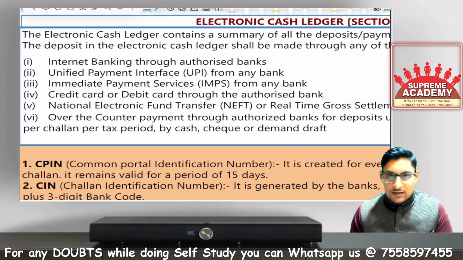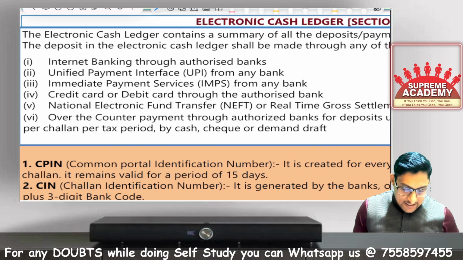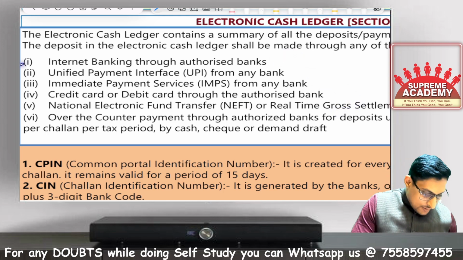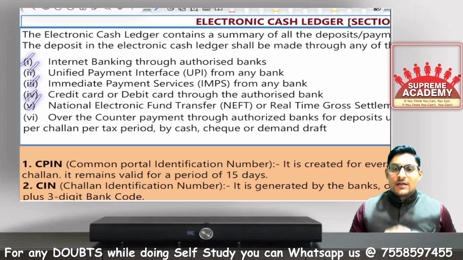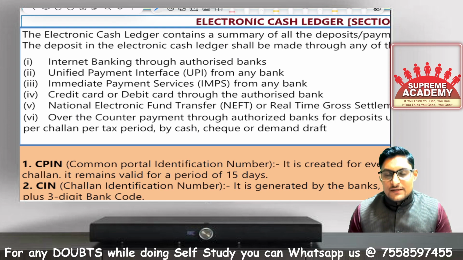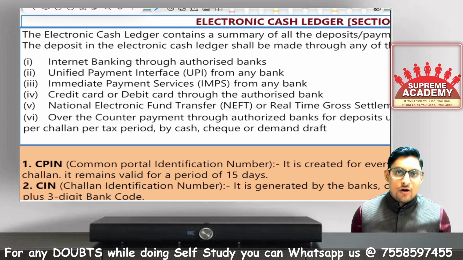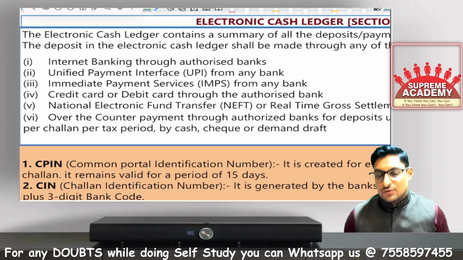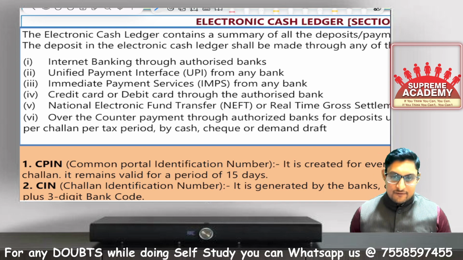When we make a deposit through the first five sources, there is no numerical limit on the amount. Any amount you may deposit, 1 lakh, 2 lakh, 10 lakhs, however much it may be. But there is a limit when depositing through the sixth source, over the counter payment, through check, cash, or demand draft.